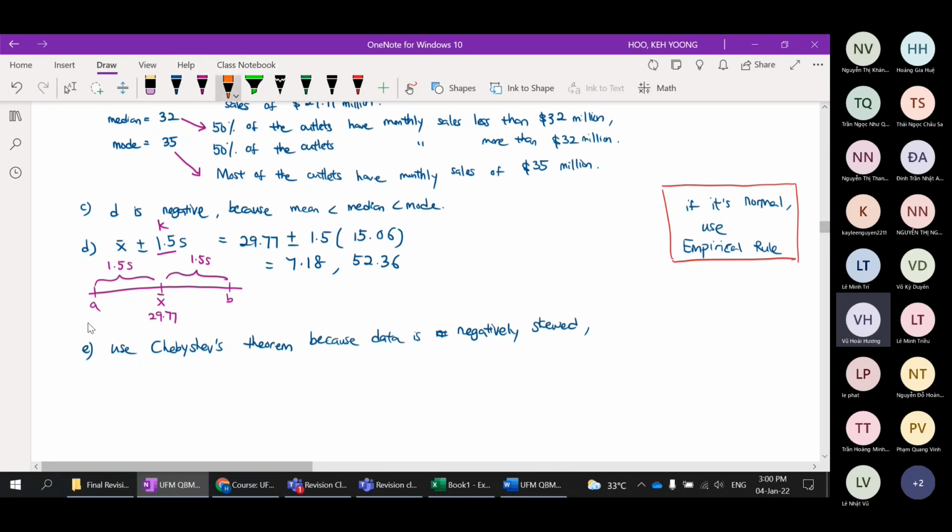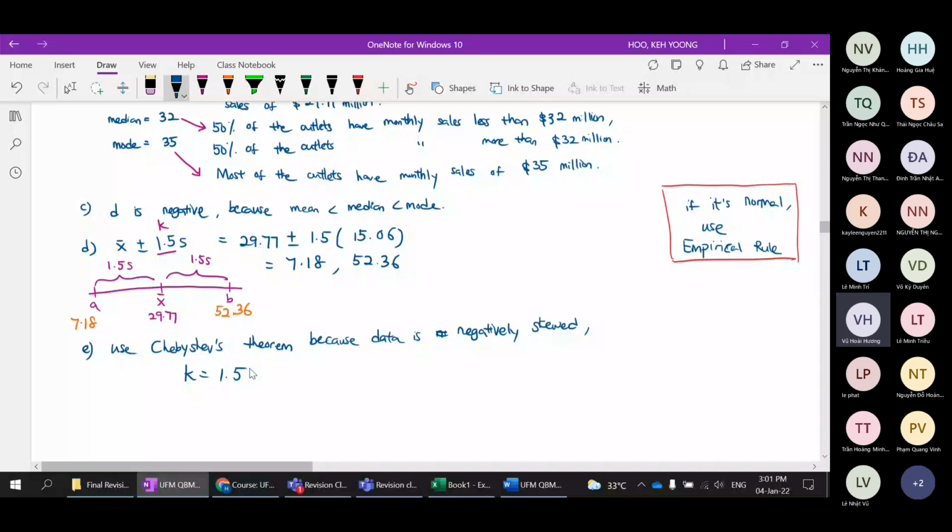So here, do we need to find the k? If you refer to question D, 7.58 and 52.36, we actually already found the interval 7.18 and 52.36. This is the interval given in question E. So where is the k value in this case? The k value is 1.5.